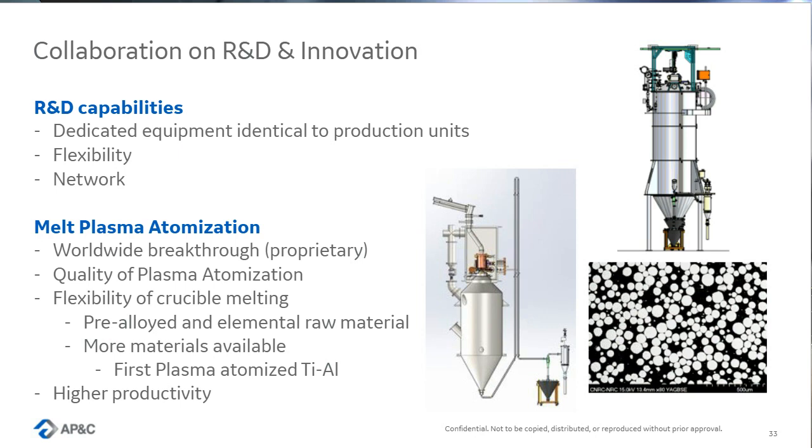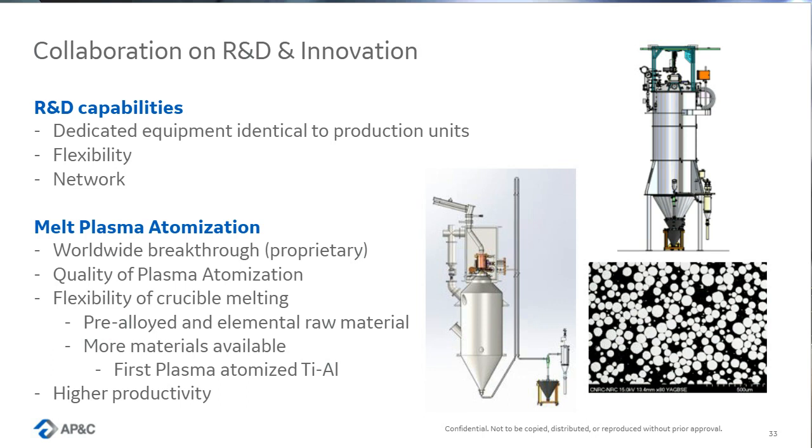But it's also about continuing to improve the technology to get a better price and a better product in the end. And that's why AP&C this year has had a worldwide breakthrough with plasma atomization of a melt instead of a wire. It brings the quality of plasma atomization in terms of powder properties together with the flexibility of crucible melting. That means we can use either pre-alloyed or elemental raw material, which allows a quicker on-demand composition, but also opens up materials that were not available before as a wire.